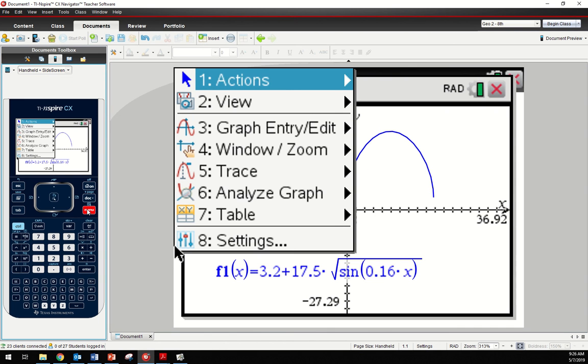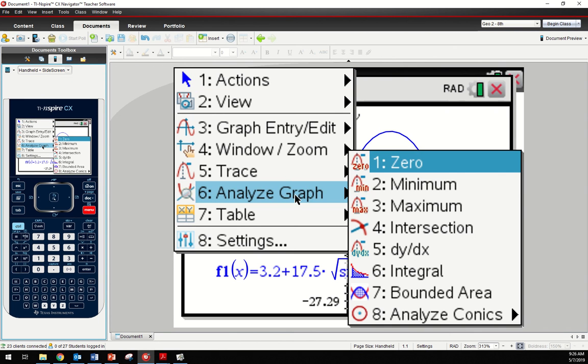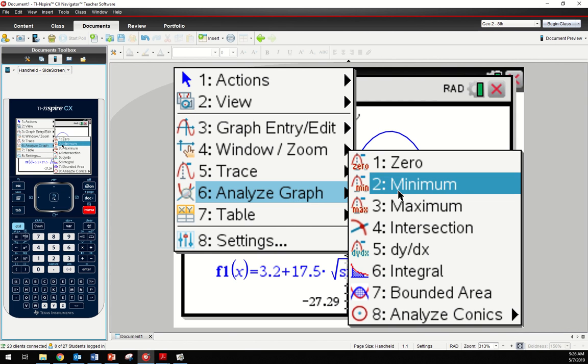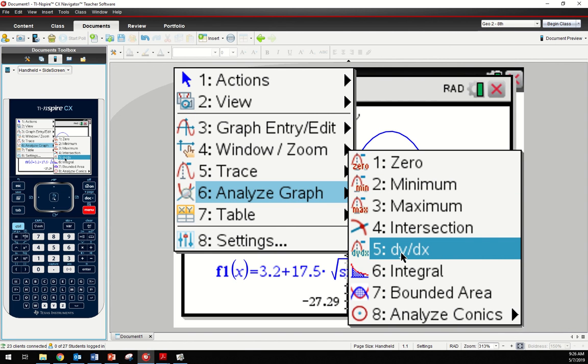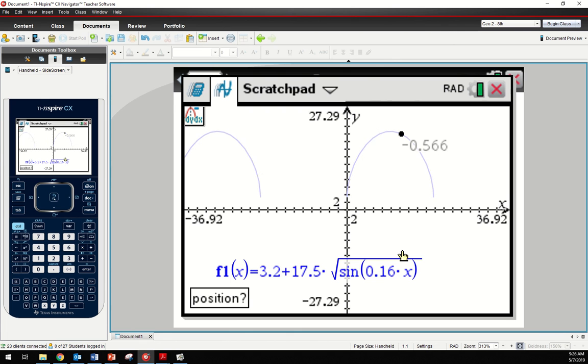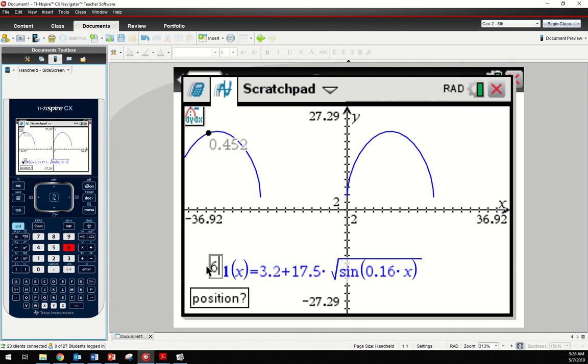So let's go menu, analyze graph, and I want the dy/dx, the derivative at a point. Right here it says position, and I'm going to put the number 6. Hit enter, number 6, and a little box comes open. Hit enter.